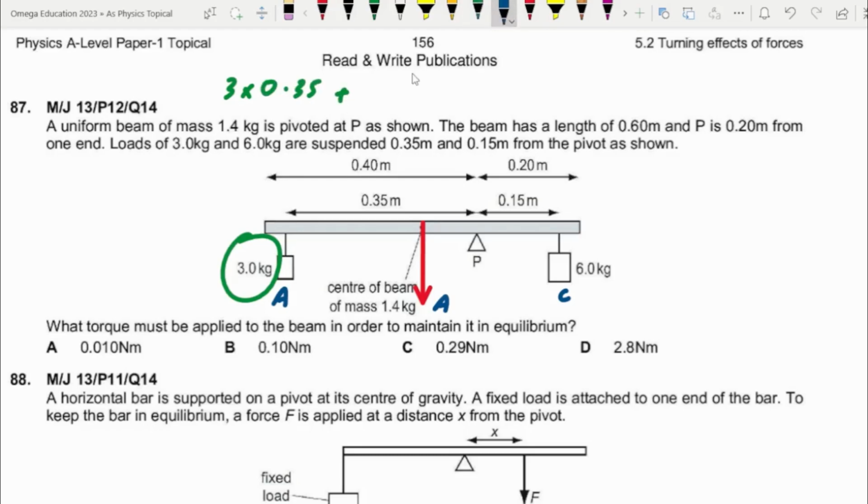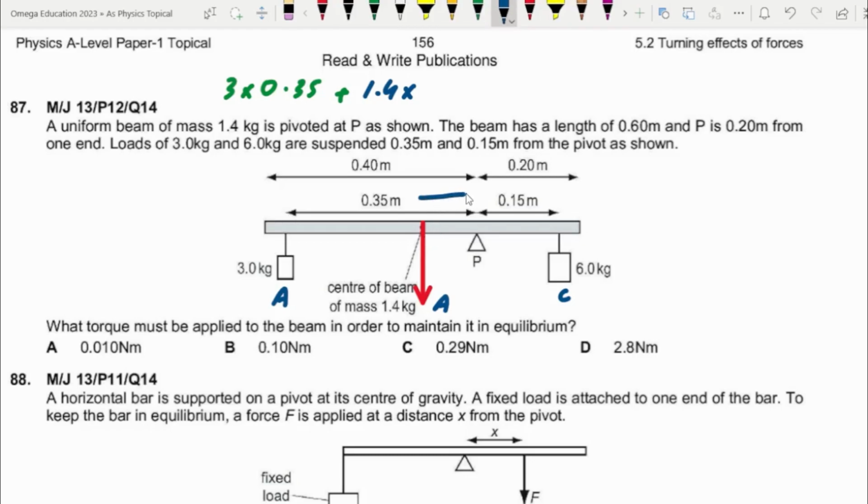Plus the weight at the center of the beam, of mass 1.4. So 1.4 times the perpendicular distance of this from the pivot.